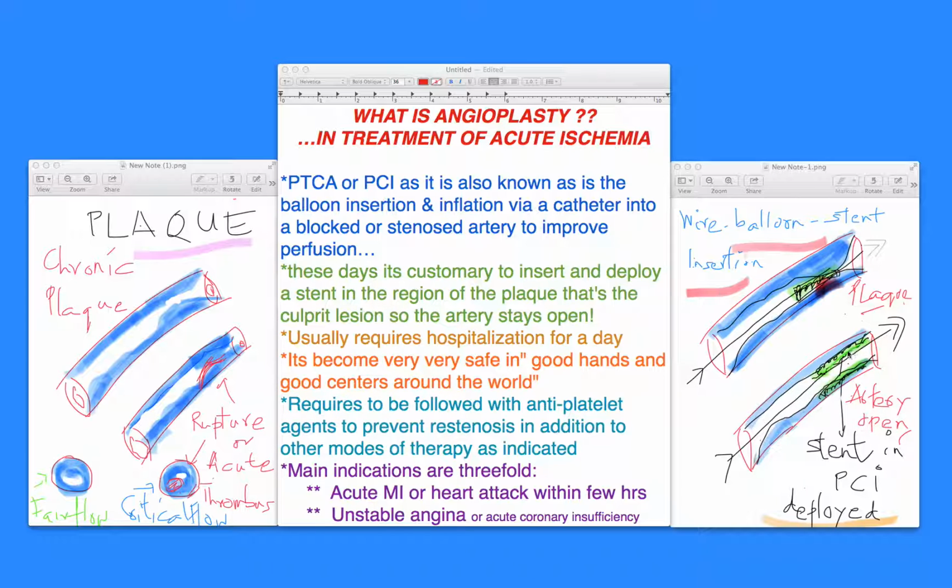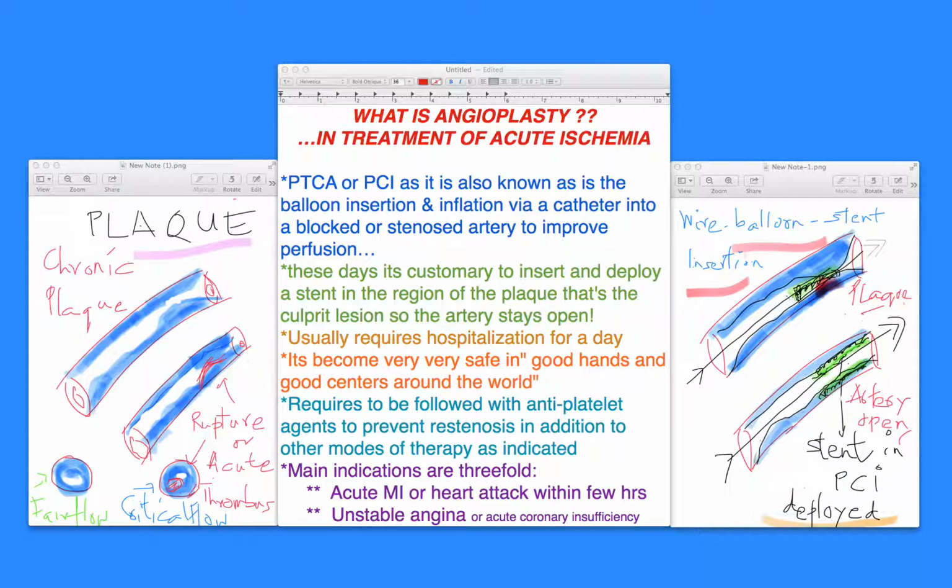When the balloon is inflated, this results. What happens is, the blue being the margin of the plaque that is now totally compressed against the arterial wall. Look at here. The blue was the plaque and green is the deflated balloon along with the stent. And this is where the rupture occurred. The red is the rupture of the plaque or the acute thrombus I'm trying to show here in this artery.